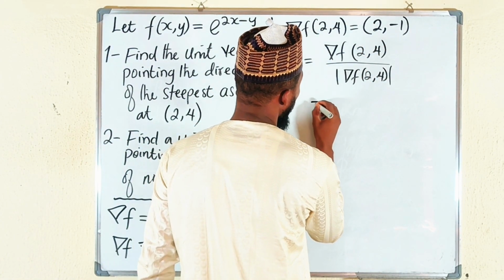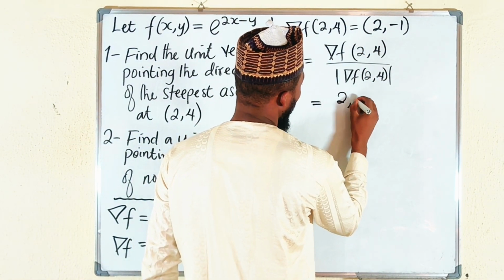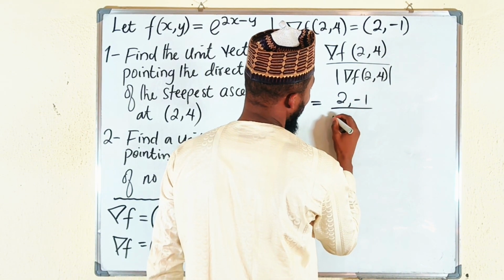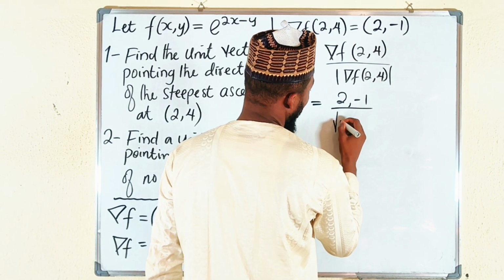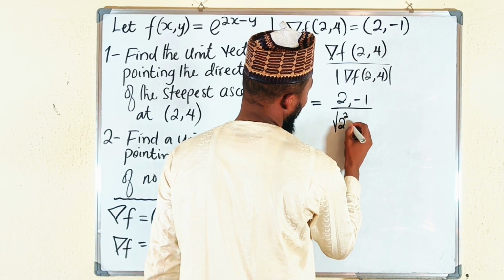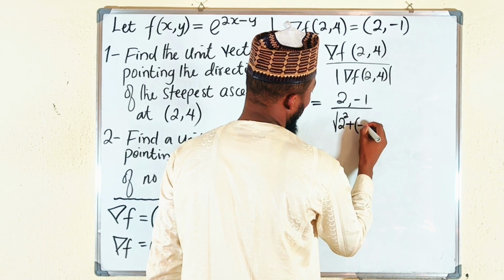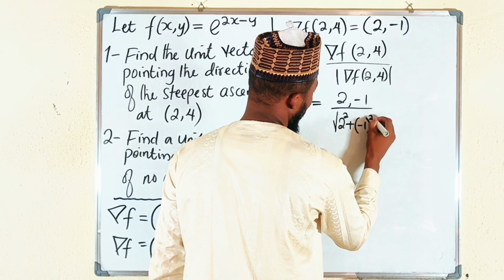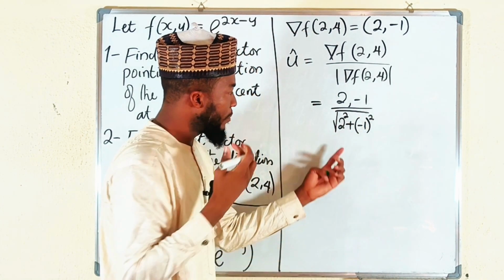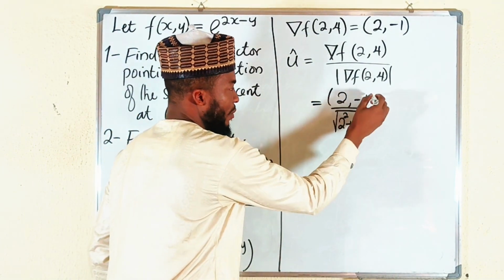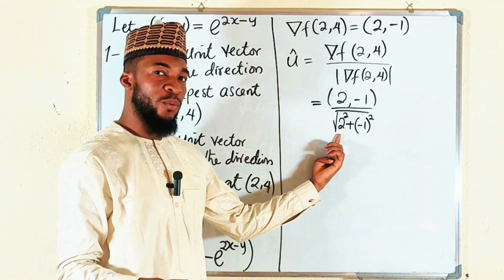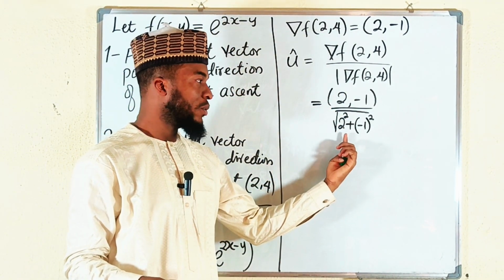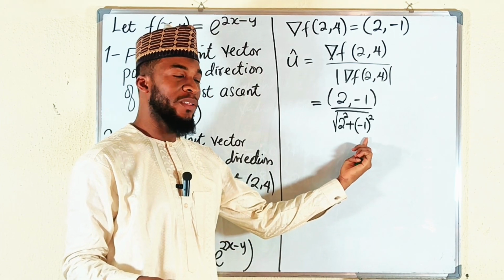So let me repeat the vector. We have (2, negative 1) divided by the square root of the x component, 2, squared, plus the y component, negative 1, squared. Remember to close the vector. 2 squared is 4. Negative 1 squared is 1. 4 plus 1 is 5.